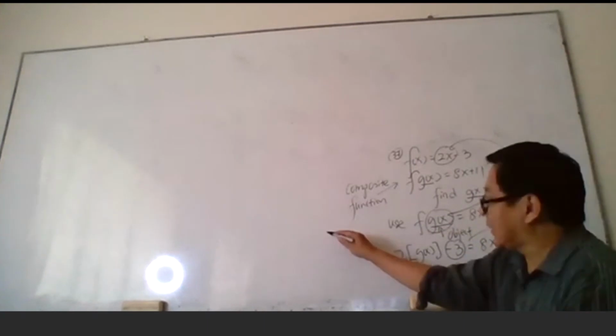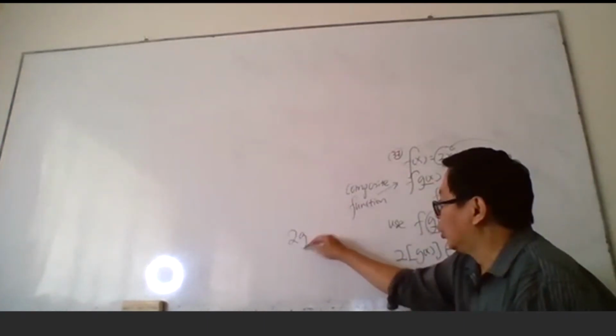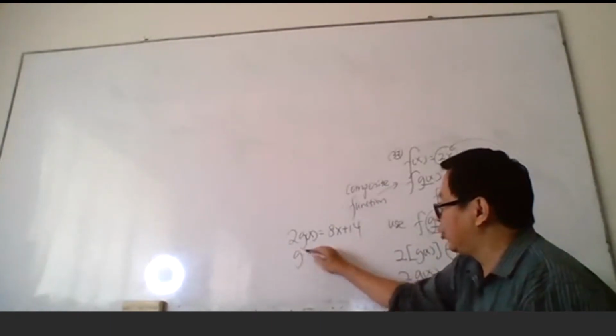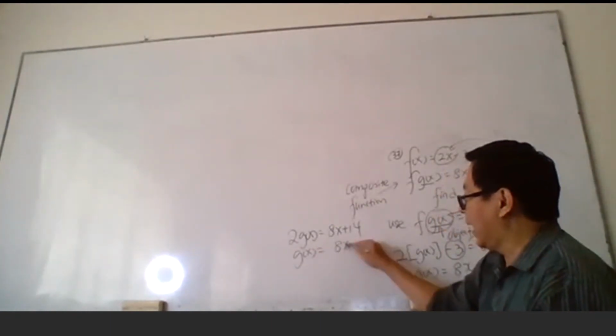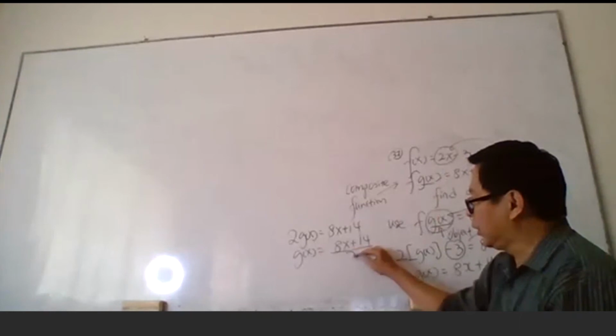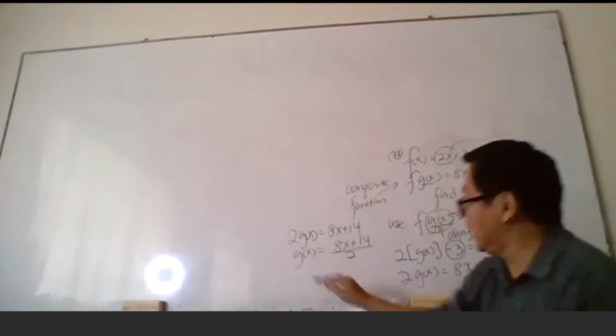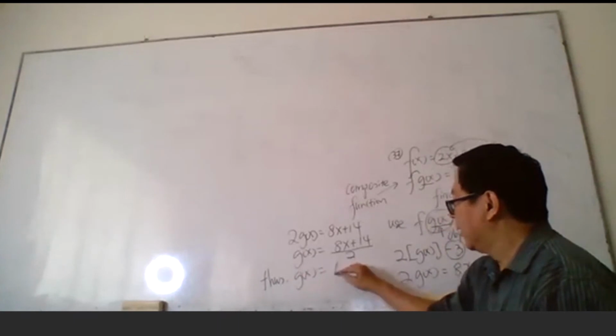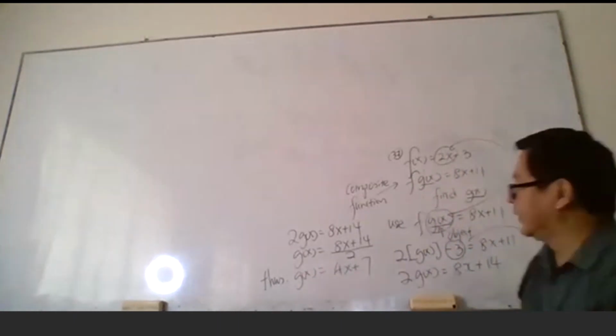To get your g(x), 2g(x) equals 8x plus 14, so g(x) equals 8x plus 14 over 2. And finally, your g(x) will be 4x plus 7.